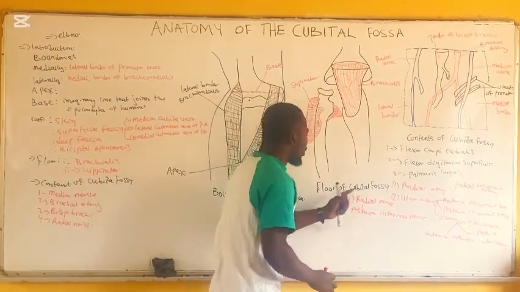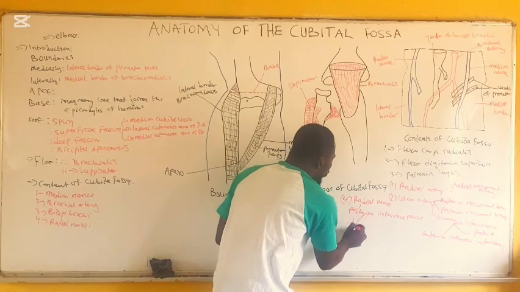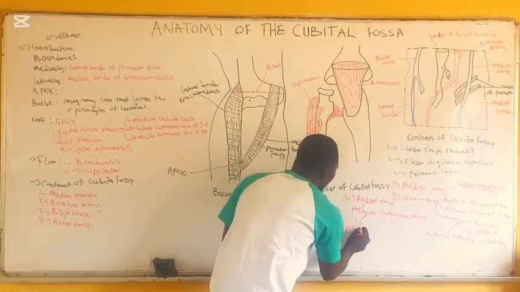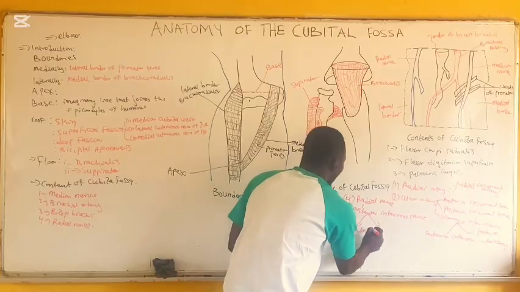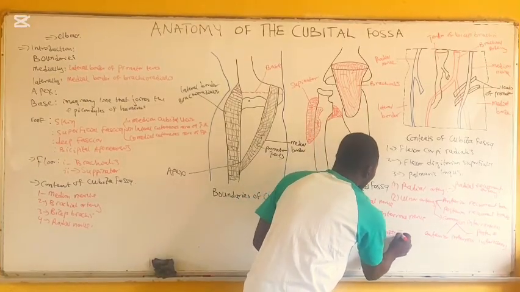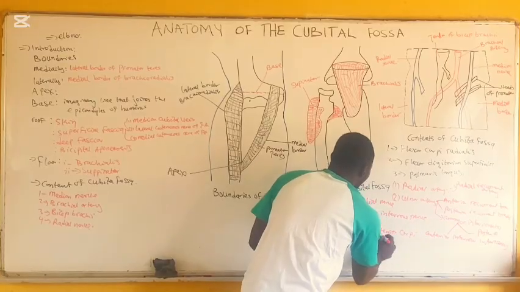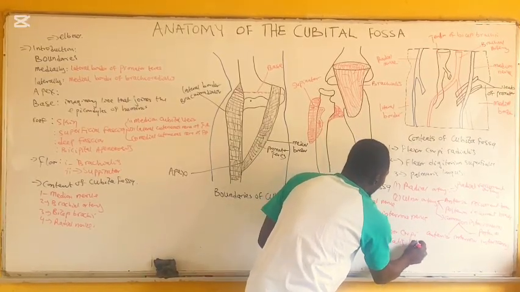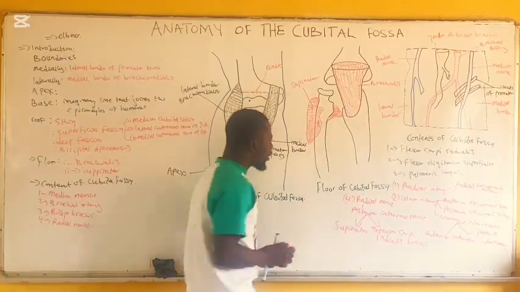This nerve gives off branches to two major muscles: the supinator and extensor carpi radialis brevis. So this is about the radial nerve.